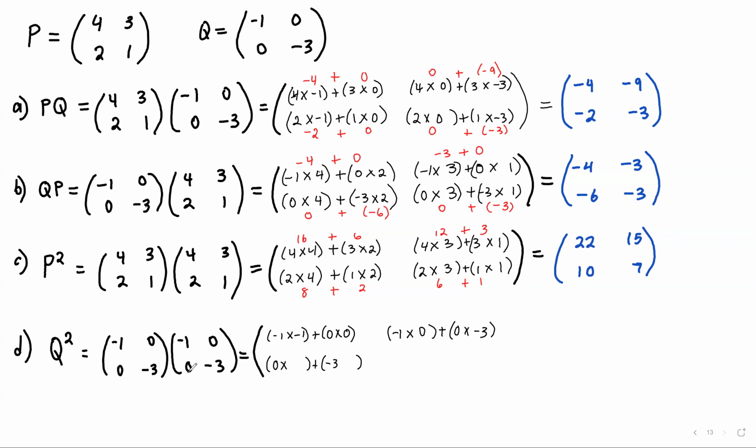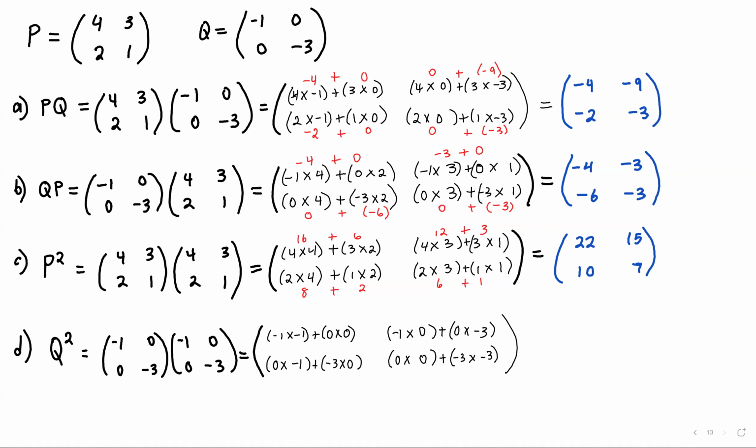So it's 0 times -1, it matches this one, and -3 times 0. Same row 2, so it's 0 times something plus -3 times whatever's in column 2. Column 2 is 0 and -3. And you see they're matching, right? I'm doing it like this just so that I can highlight the matching nature of it.